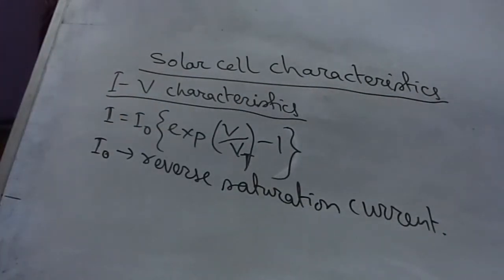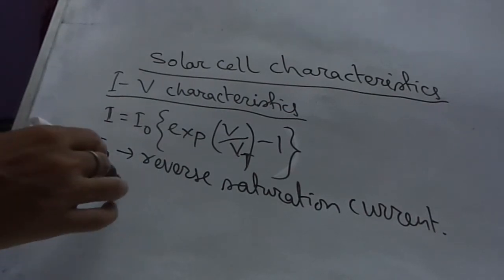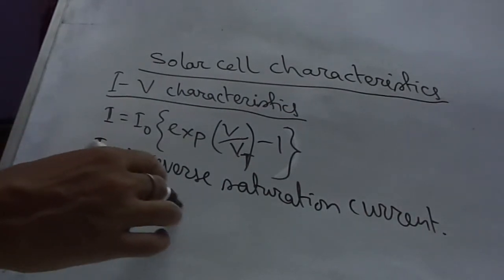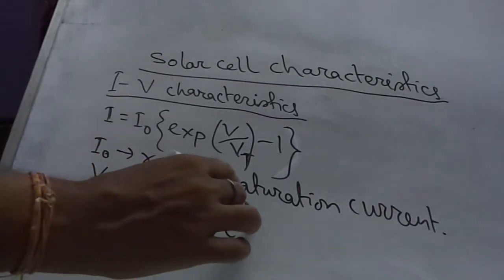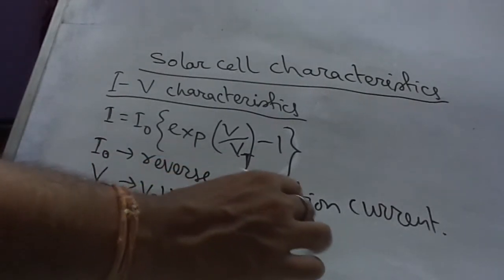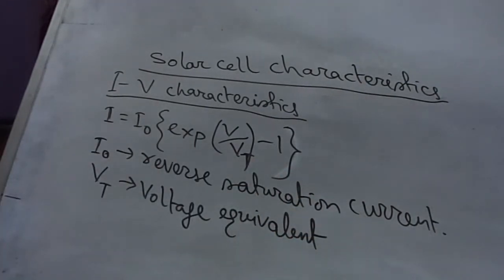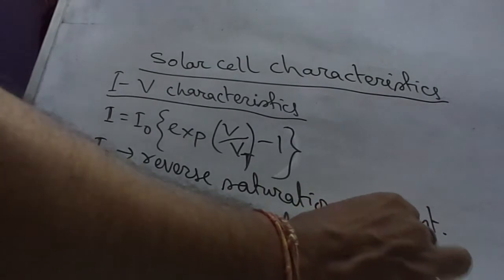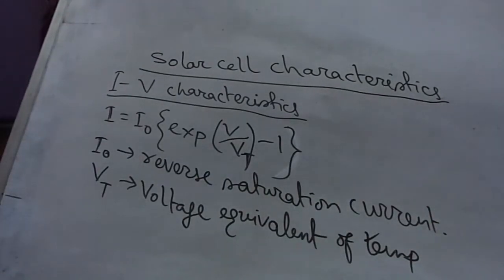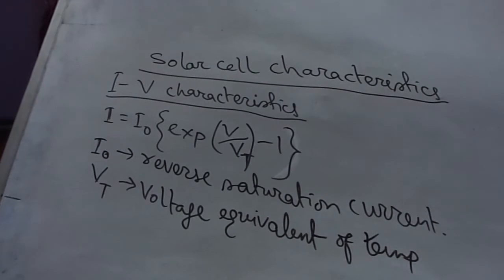Vt is known as the voltage equivalent of temperature, and at room temperature, 20 degrees centigrade, its approximate value is 26 mV.